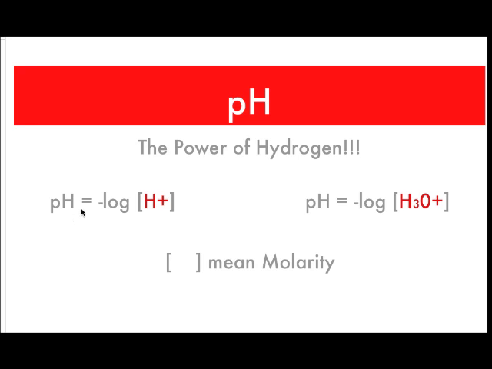So the equation here to measure pH has to do with concentration. The pH, it's a logarithmic scale. If we take the negative log of the concentration, we will get a number somewhere on that pH scale that tells us how acidic it is based on how much concentration of hydrogen there is. Or hydronium, because they're interchangeable with each other.